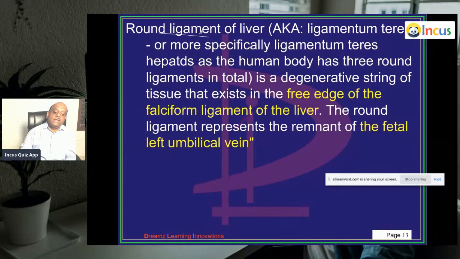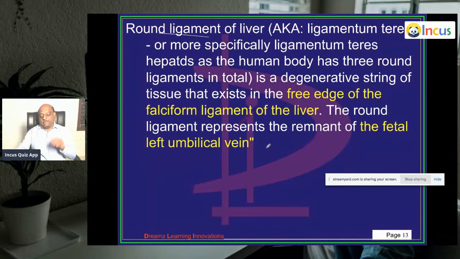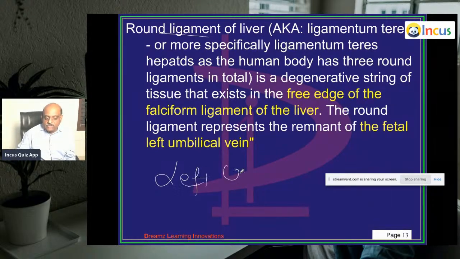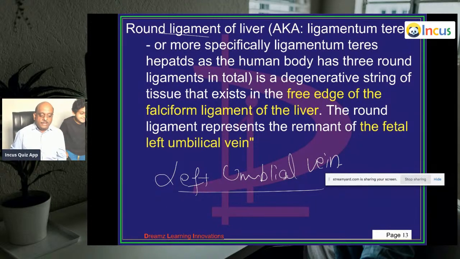The round ligament of the liver is the degenerative string tissue that is continuing as the free edge of the falciform ligament. So it is the fetal left umbilical vein, doctor. When you become an adult, it becomes the round ligament of the liver. That's the point you need to appreciate.